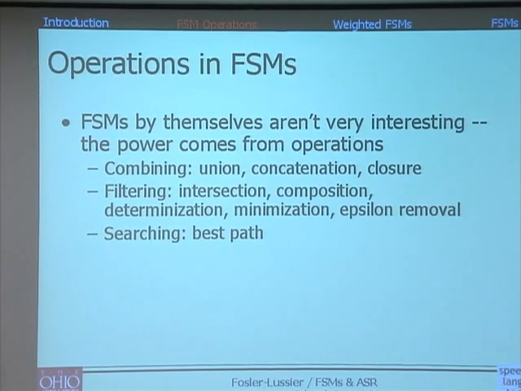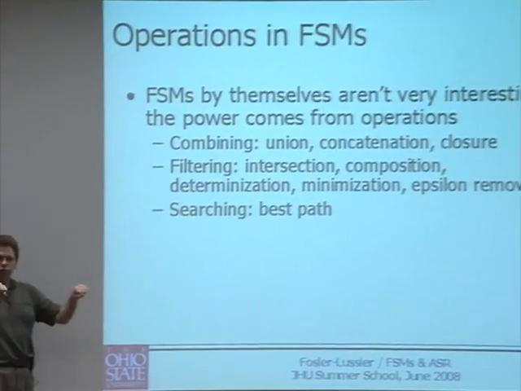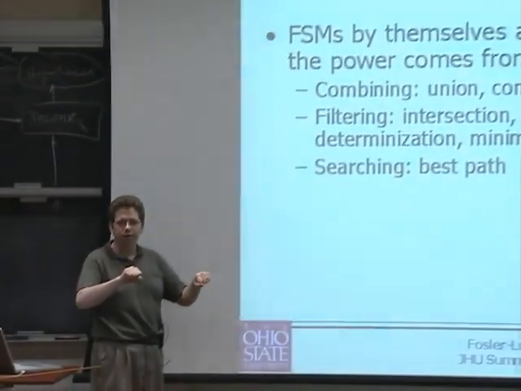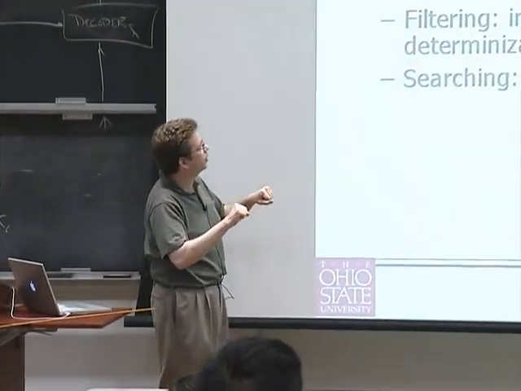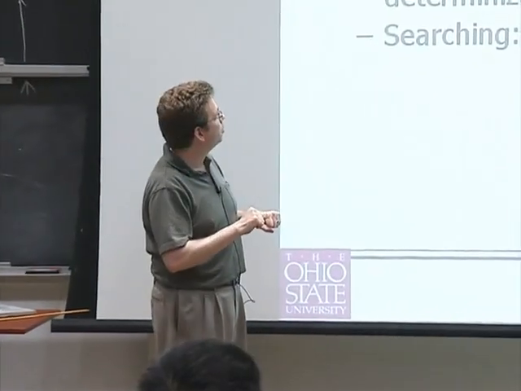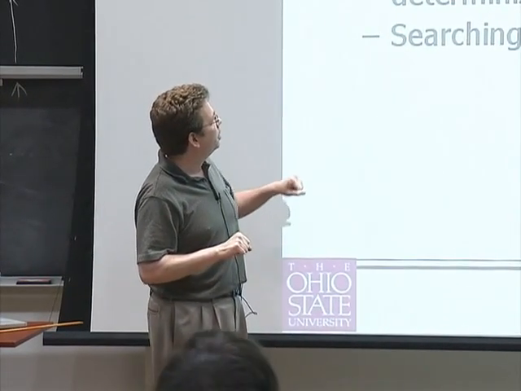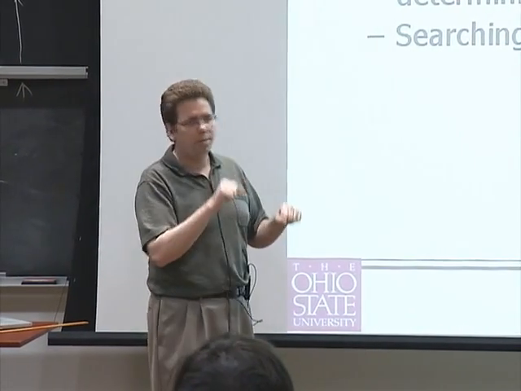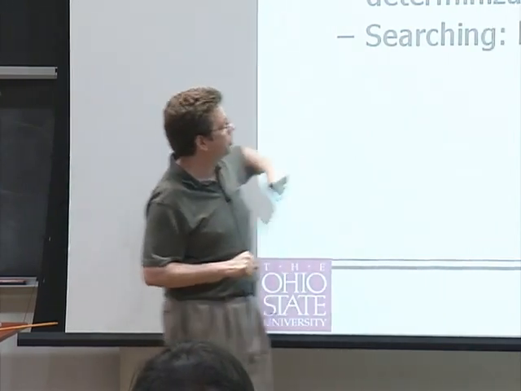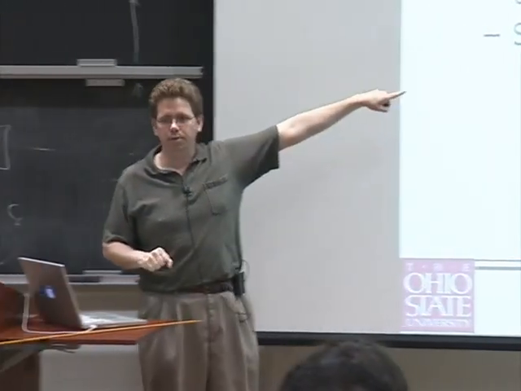And then how do you make two finite state machines interact with each other? That's what I call filtering. So intersecting, composing, and then self-operations like determinization, minimization, and epsilon removal. And then we'll talk a little bit about best path searching.